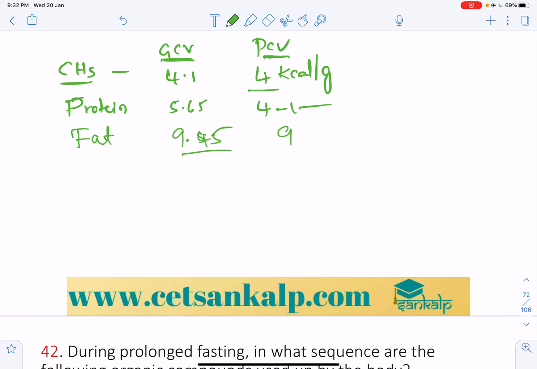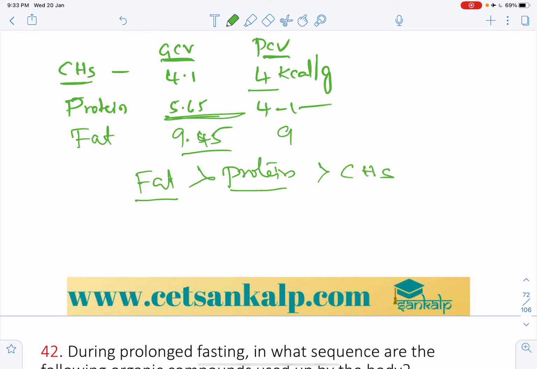In decreasing order of calorific value, fat is highest, then protein, and then carbohydrates. But carbohydrate is digested first, then fat, and lastly protein, because for the oxidation process more energy is required for the digestion of protein.